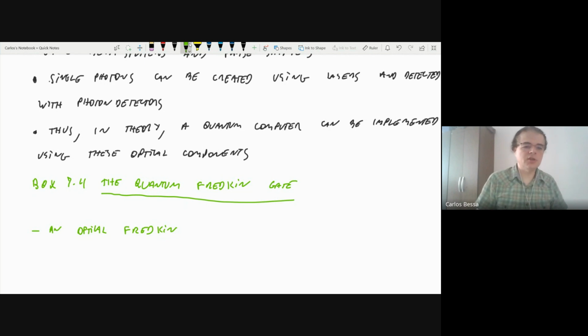So let's see this example, like the optical Fredkin gate.